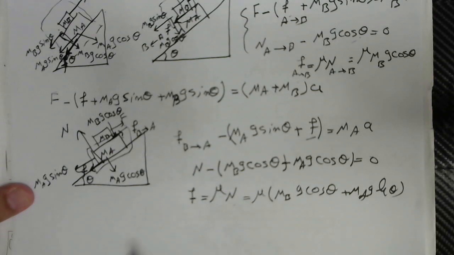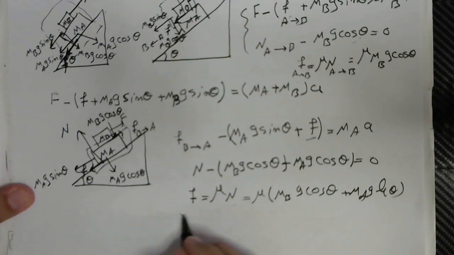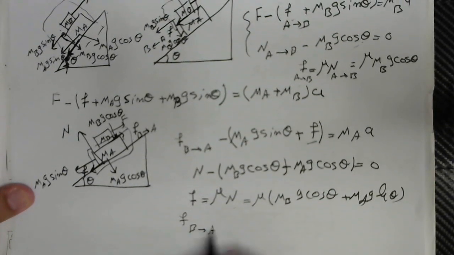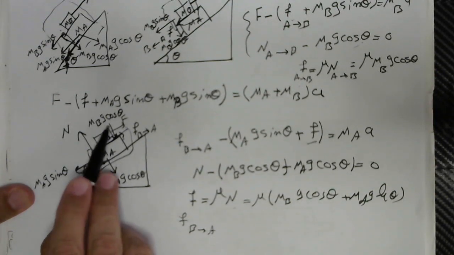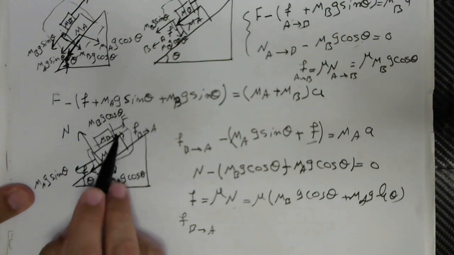F B to A is a force acting between the two objects, so it's just proportional to the normal force at the surface between them.